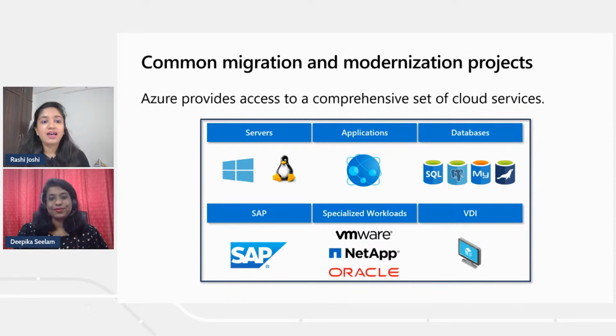The next are database migrations, and these are pivoted not just to save cost, but also to enhance performance and achieve scalability and flexibility objectives in the cloud. Thirdly, especially with COVID, Deepika, dealing with the realities of work from home, we've seen customers migrating their on-premises VDI to Azure, right?